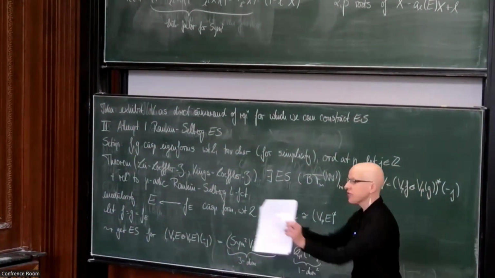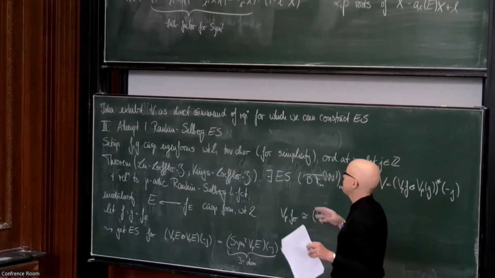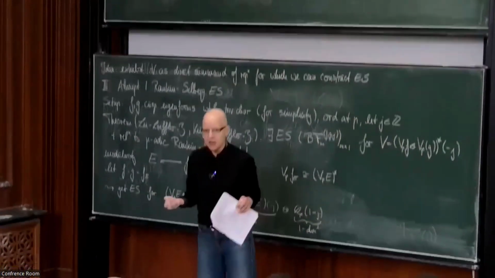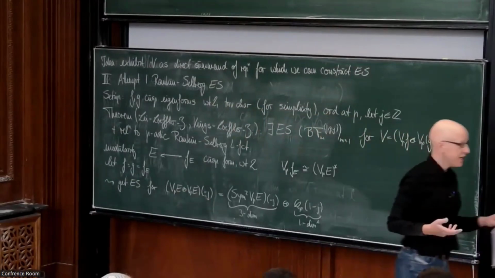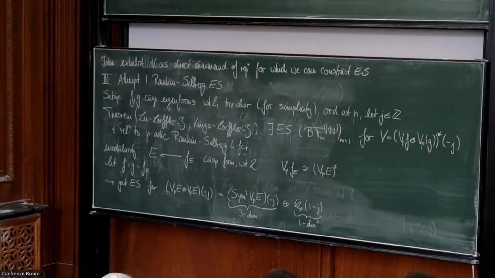Because remember, for the Euler system machine, we actually want to look at those L which are congruent to 1 mod P, but those we cannot invert. Let me briefly explain this.